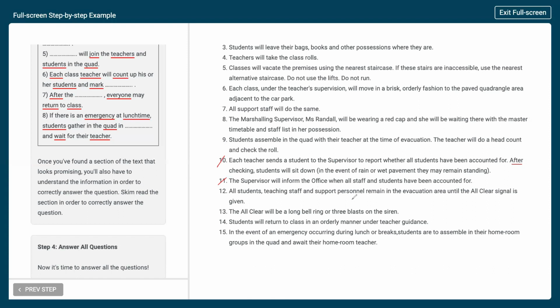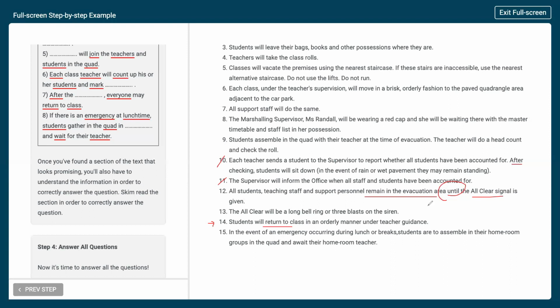Number 12, it says they will remain in the evacuation area until the all clear signal is given. After the all clear signal, everyone may return to class. It is correct. Now, notice how it is not given in that wording here in our passage, but that just makes this more difficult, and it is a trick for the sentence completion question type, you have to sort of use your critical thinking skills.